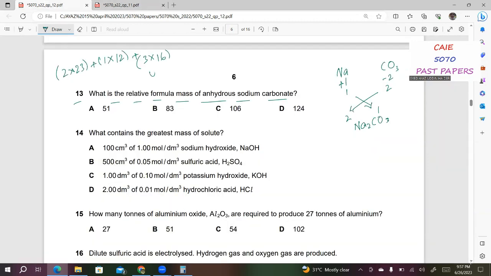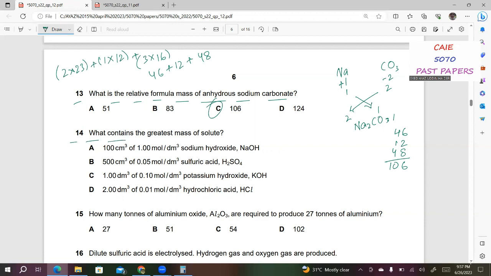So we have 46 plus 12 plus 48. If you add up these values, we get 106. So C will be the right answer.